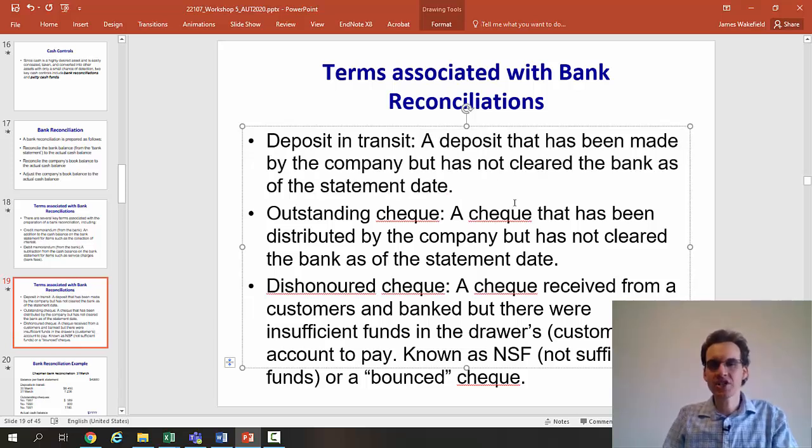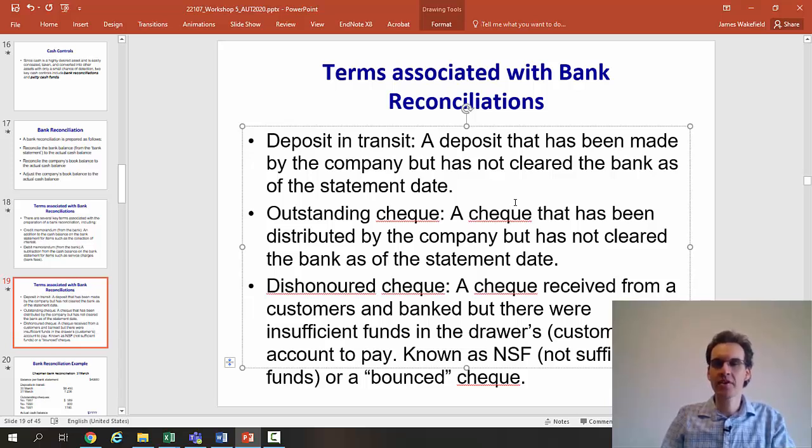So this essentially means that we have deposited a particular amount into our bank account. However, it has not cleared. So that is, it is not showing up in our account. Banks usually have a processing time.